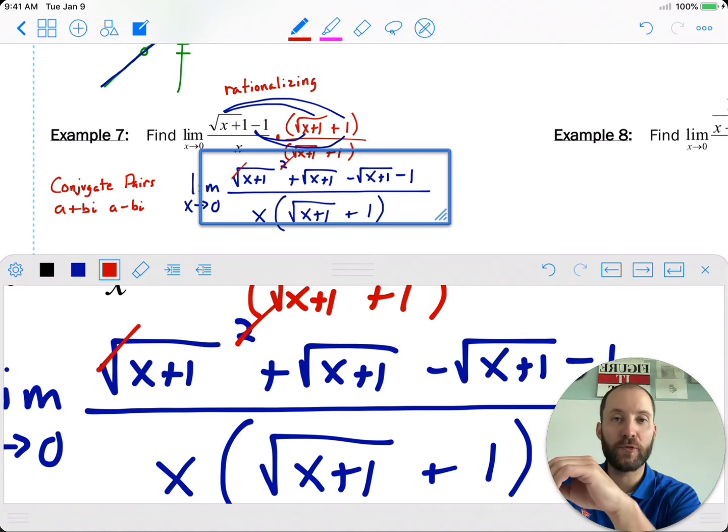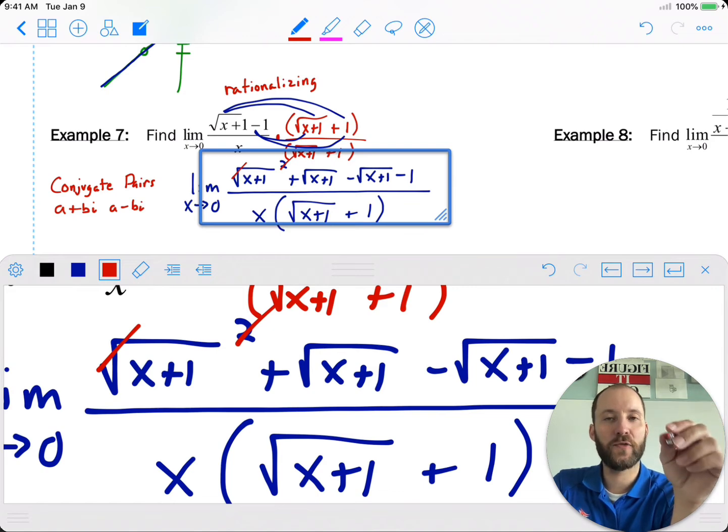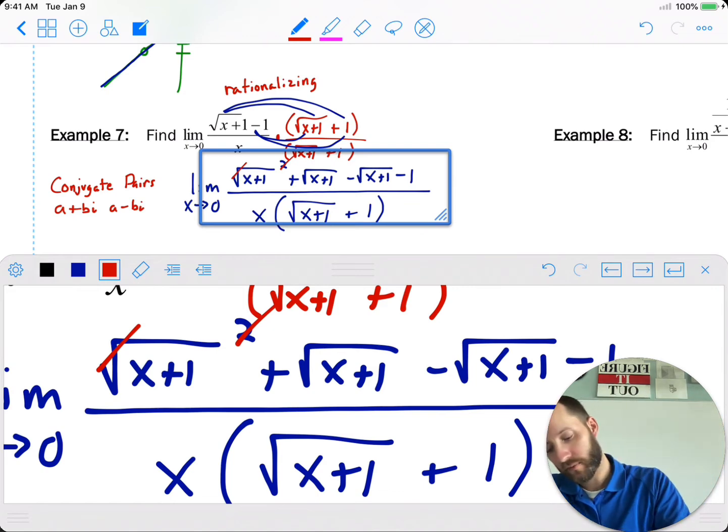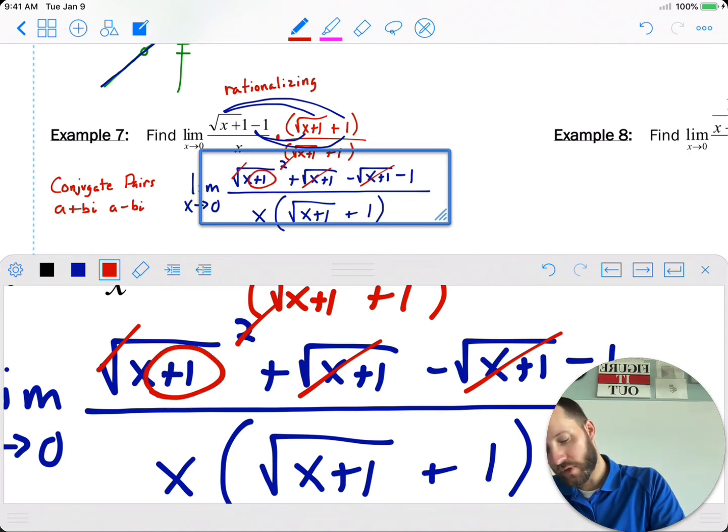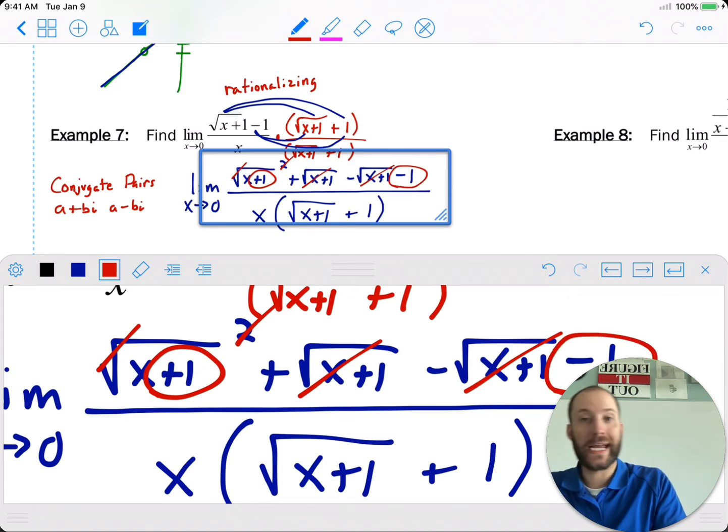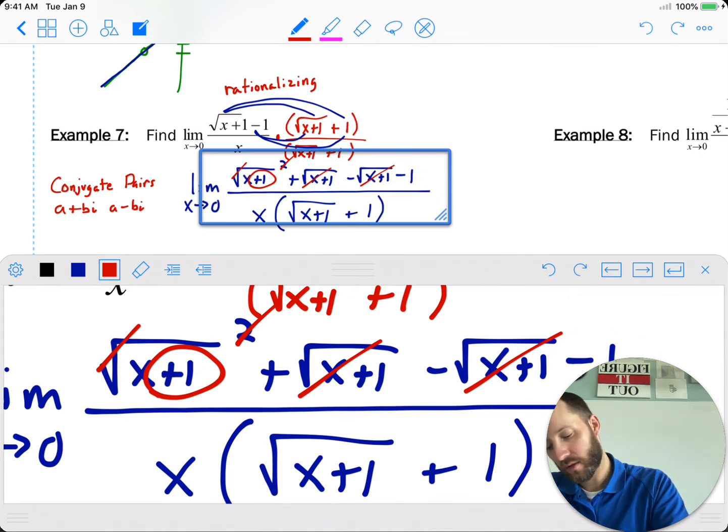The positive root x plus 1, the negative root x plus 1, those cancel. Your plus 1 under the root, your negative 1 at the end of the fraction, those are going to cancel.